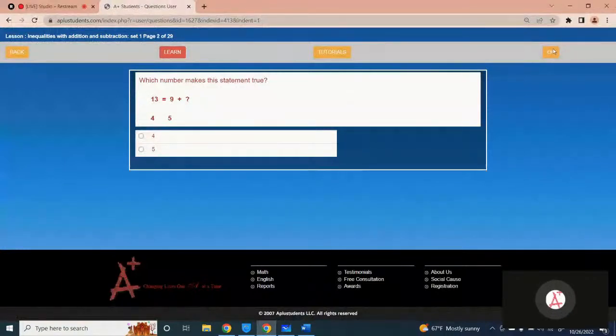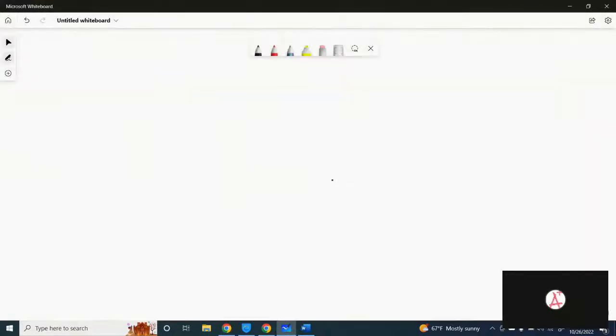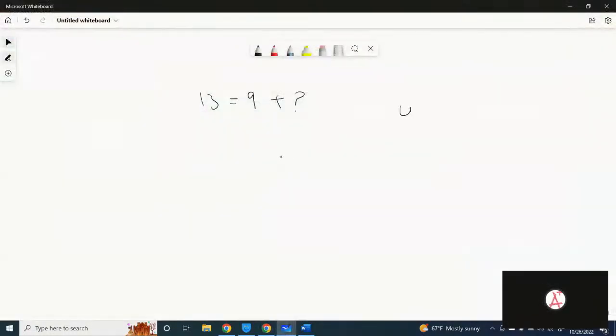Okay, the next one is 13 equals 9 plus the missing number. The options are 4 and 5. Let's start with the first one. 13 equals 9 plus 4.